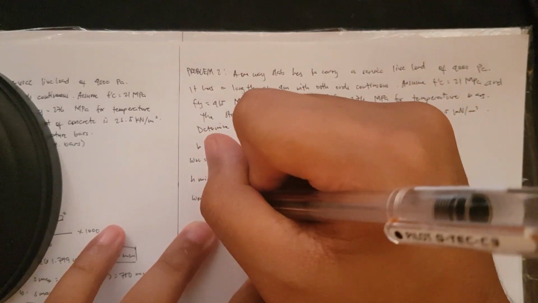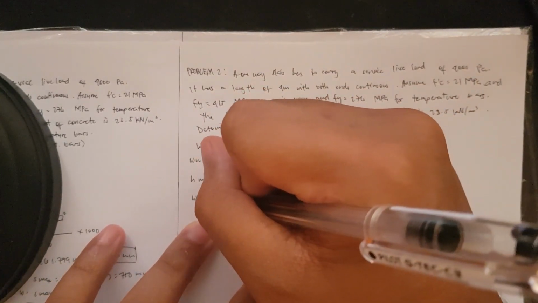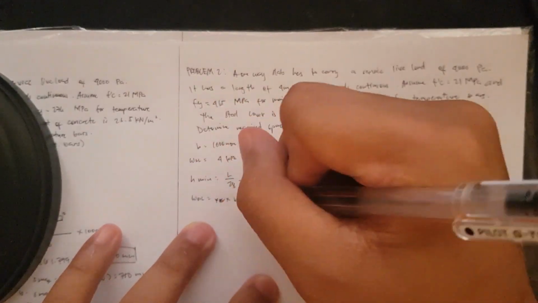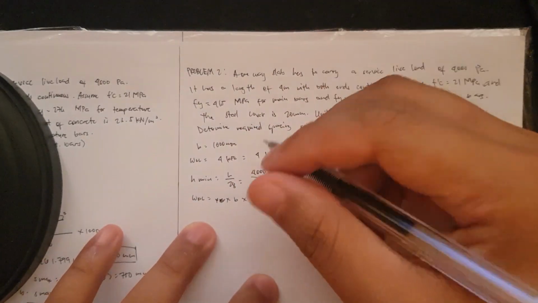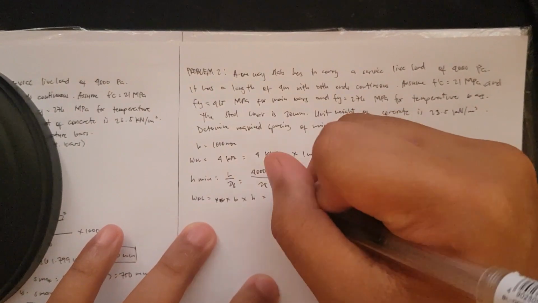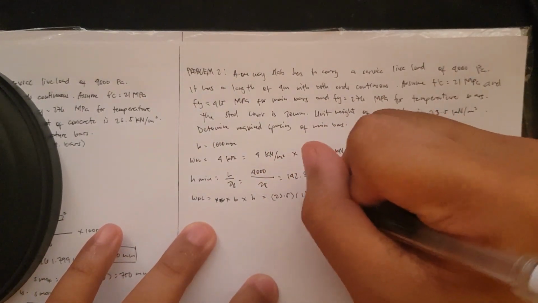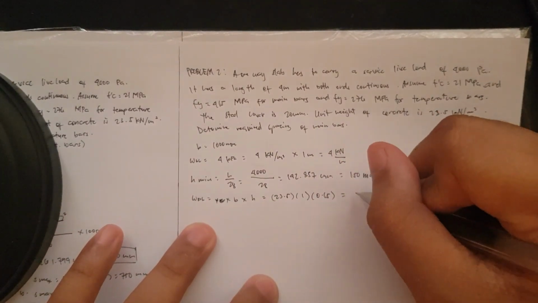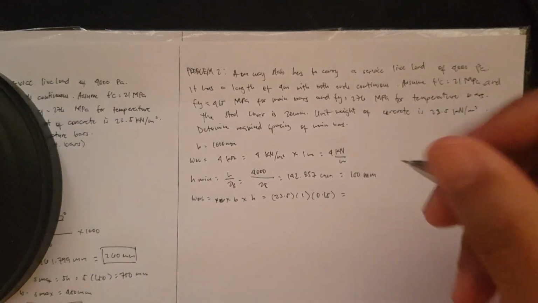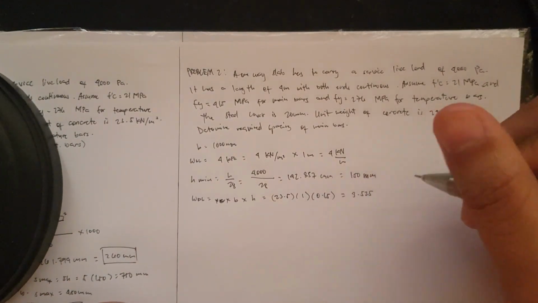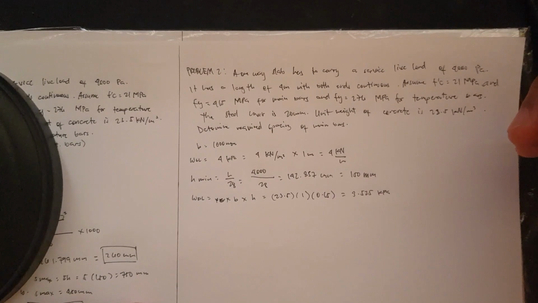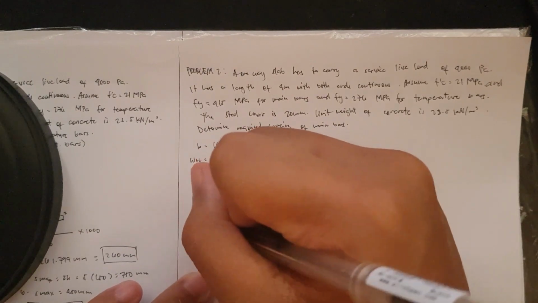So sulat natin dito unit weight ng concrete times yung base times height or yung depth. So 23.5 unit weight ng concrete times 1 times 0.15 na depth. So makukuha natin is 3.525 kilopascal.